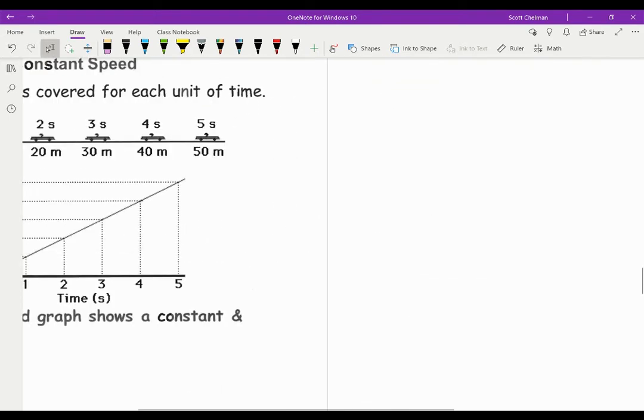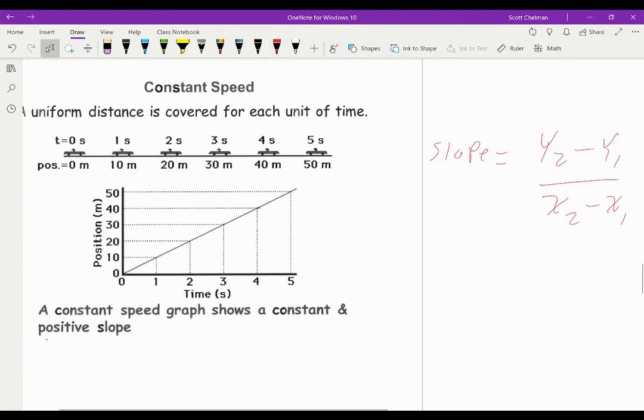What is slope? Well, remember, slope equals y2 minus y1 divided by x2 minus x1. Whatever points that we pick on there.